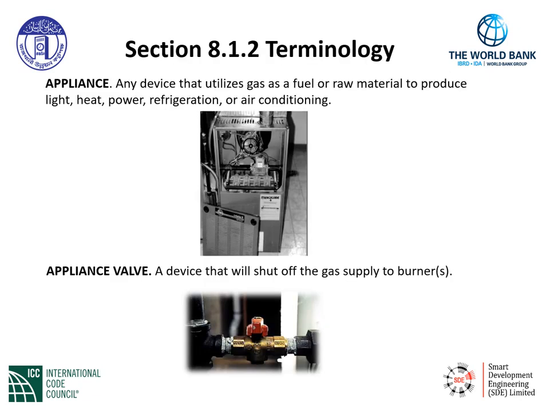Let's look at a few definitions. Appliance is defined as follows: any device that utilizes gas as a fuel or raw material to produce light, heat, power, refrigeration, or air conditioning. So we are utilizing gas here as a fuel source. As indicated in the picture, we have a gas appliance, a gas furnace.